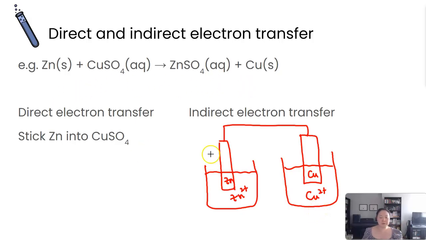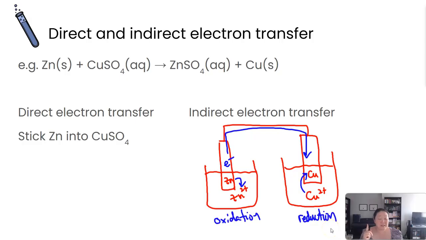We know based on this reaction that oxidation is going to happen on this side, and so when zinc becomes a zinc ion, the electrons are going to be released. And if we connect this with a wire, these electrons can move over here, where now we can have the reduction reaction happen.